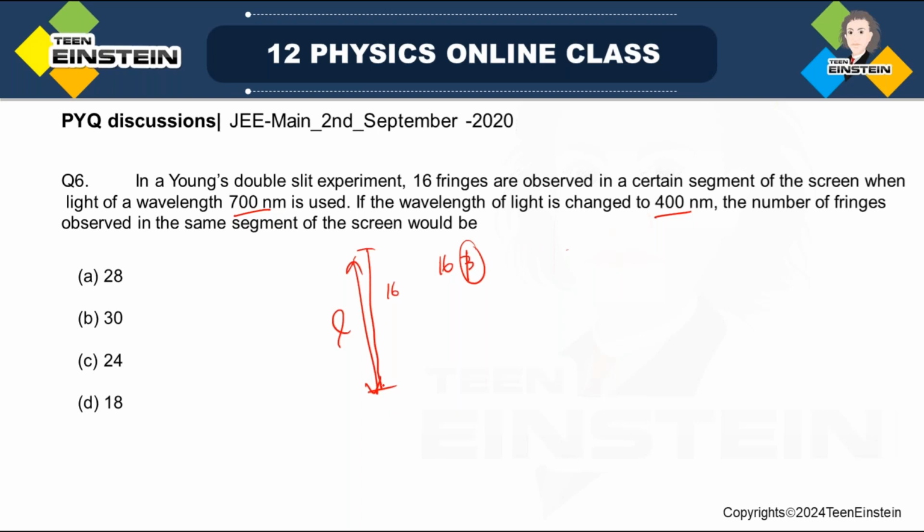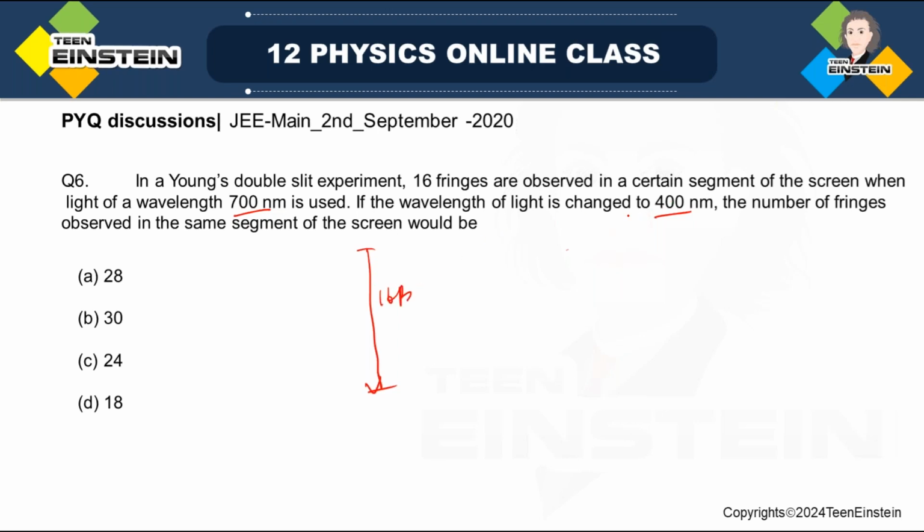So if there are n number of fringes, then the whole length will be n into beta. So here in this case, this place is actually 16 beta.